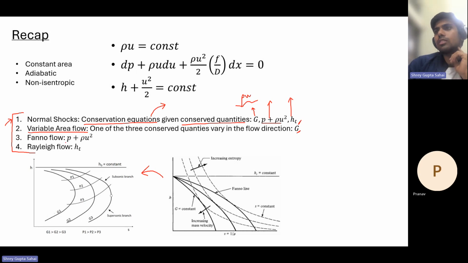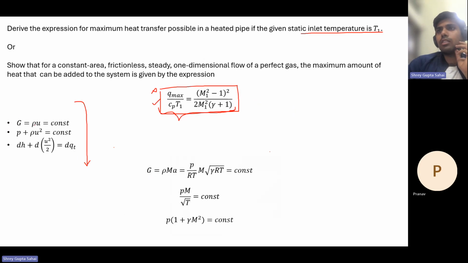In Fanno flow, this P plus rho u square term does not remain conserved because of the frictional effects. And in Rayleigh flow, we will see that there is an unconserved total enthalpy. So again, just conservation equations using the first two equations. The third one we can't use because it has an unknown in it. We can't use it as such.